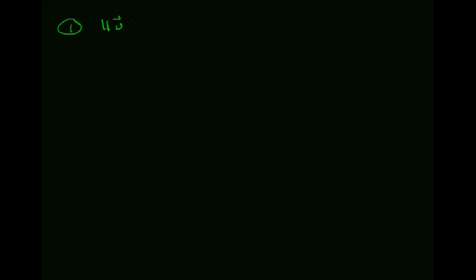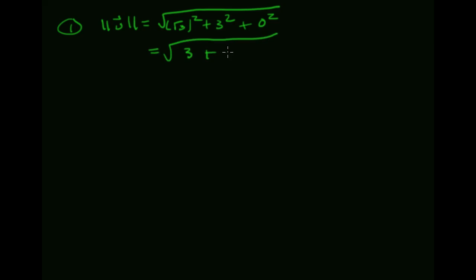So the first thing we need to do is find the magnitude of u. To do that, we take its components: the square root of 3 squared plus 3 squared plus 0 squared. This is going to give me the square root of 3 plus 9 plus 0, which is the square root of 12, which we can say is 2 radical 3.